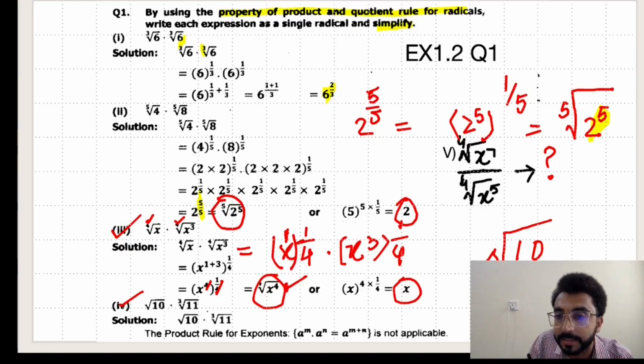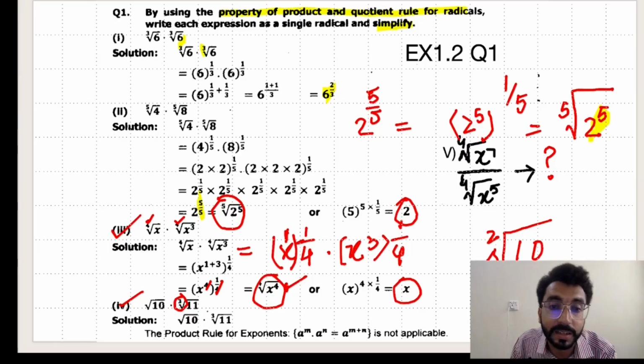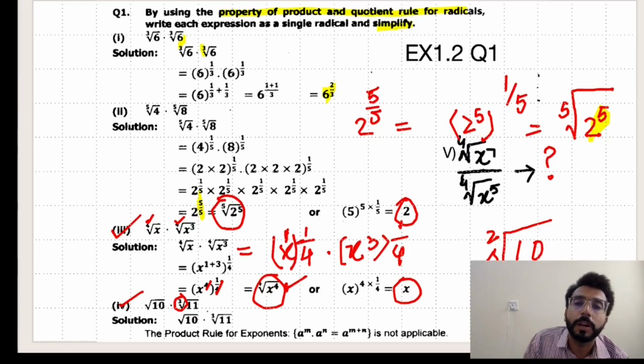What is the index of a square root? Here it is 2, and here the index is 3. Both indices are not same, 2 and 3, so we cannot apply the product rule here, because the product and quotient rule are applied only when the indices are same. In the first 4 parts we have to apply the product rule for radicals.